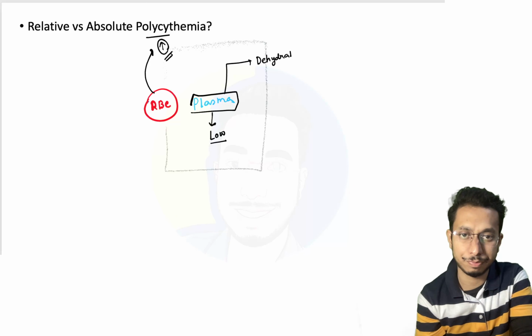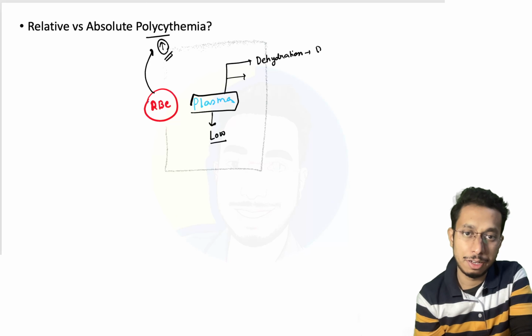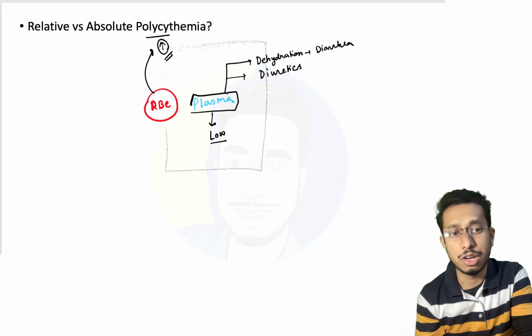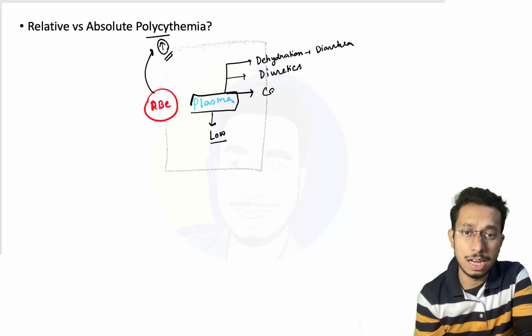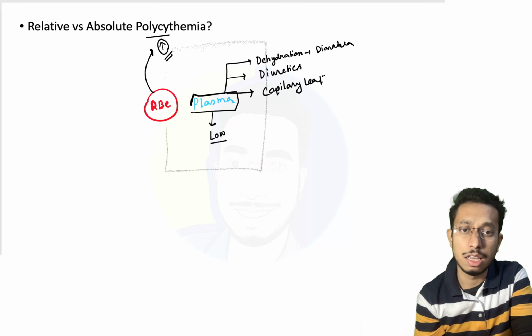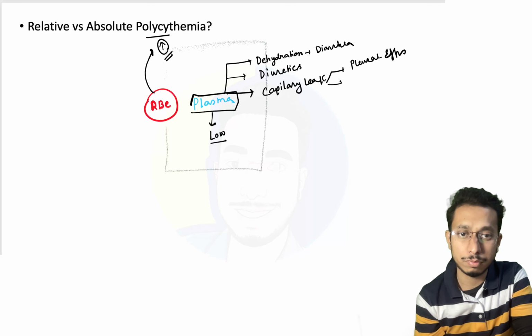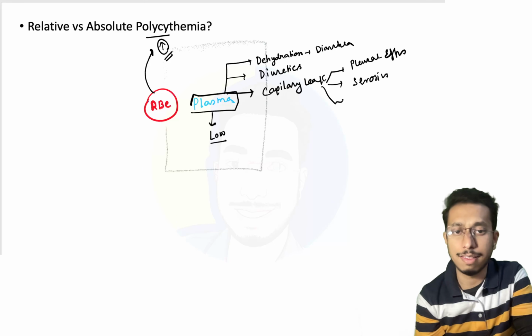dehydration. It can be due to dehydration, can be due to diarrhea. It can be due to concomitant use of diuretics, or a condition which leads to capillary leak, that is leakage of plasma into the other components of the body, giving rise to serositis and ascites.